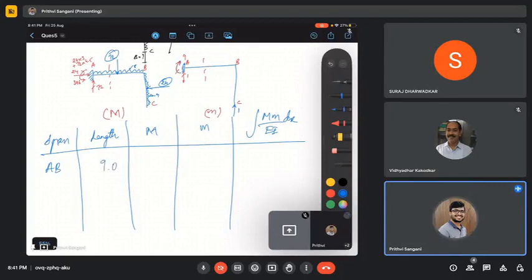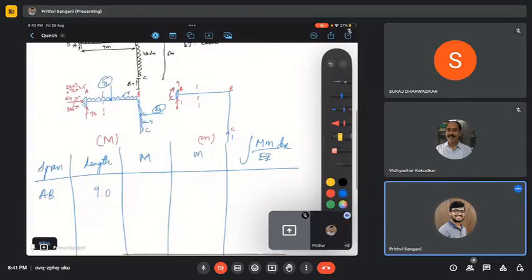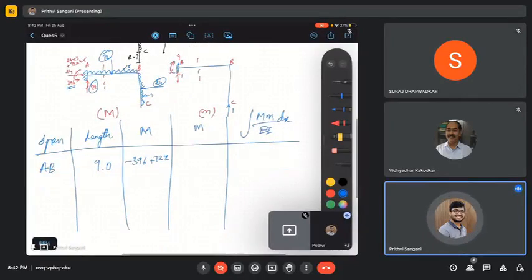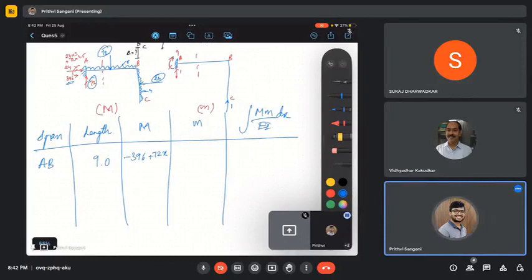Capital M: let us find out what it is. We have 396 hogging, so minus 396. Next, 72 gives a sagging sign, so plus 72x. We also have a UDL of 8, which gives a hogging value, so minus 8 times x times x by 2, that is 4x squared.